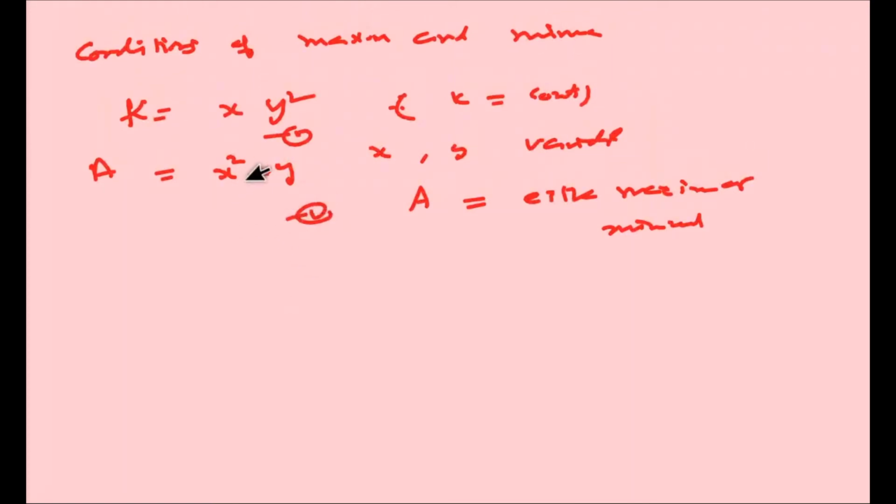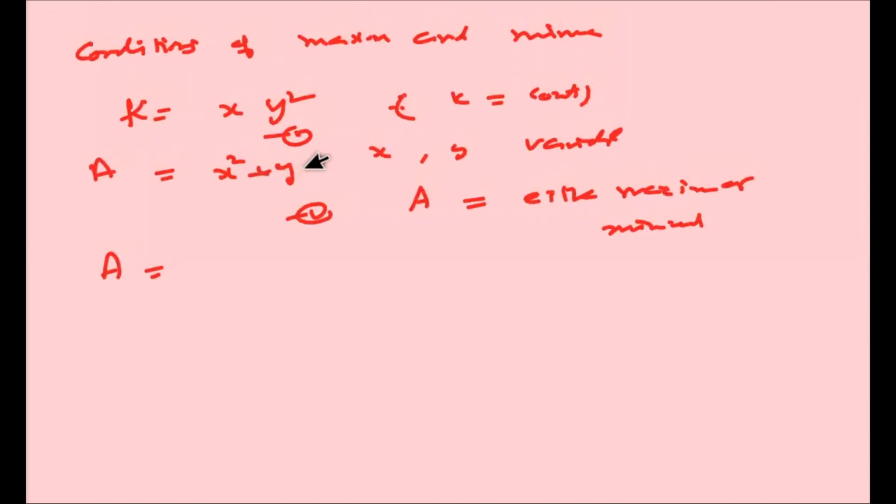Here is just an example. One equation will be in a constant, and one equation in the variables will be for finding the maximum or minimum value.